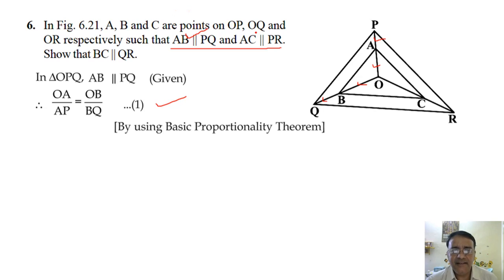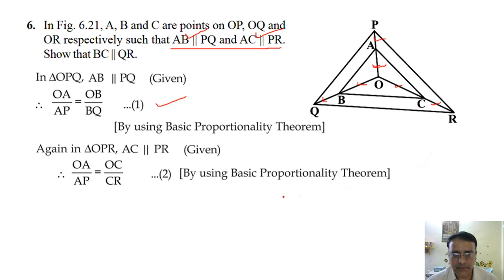Now the second set of parallel lines belongs to which triangle? Triangle POR. Right, OA upon AP is equals to OC upon CR by basic proportionality theorem. Let it be equation number 2. Now from these two equations, again the left hand sides are same, so we can conclude these two are also equal.